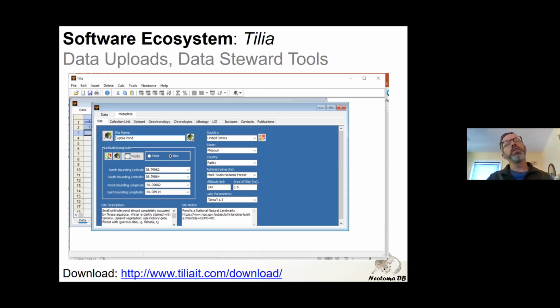There's a standard version that anybody can use that will let you pull data from Neotoma and make a pollen diagram or other basic things, but only stewards can upload data to Neotoma. They have a password, a user account, so it has restricted access for uploads to Neotoma.